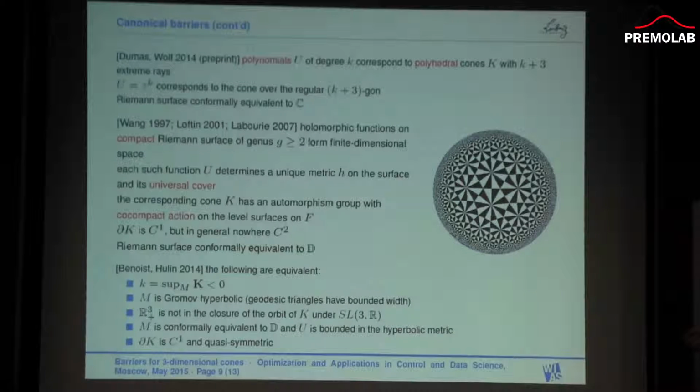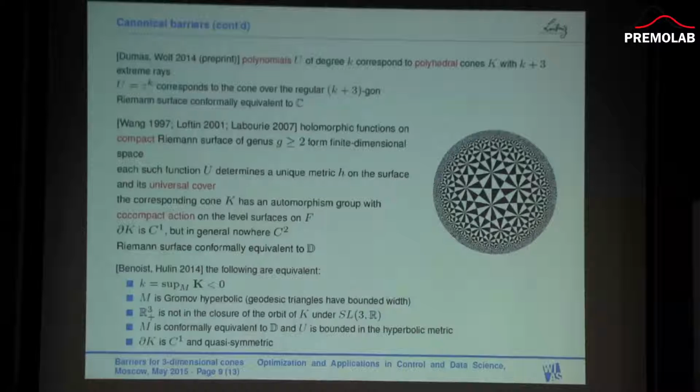If this holomorphic function is a polynomial, then the corresponding cone will be polyhedral. And the degree of the polynomial is the number of rays of the polyhedral cone minus 3. So for instance, if this holomorphic function is just a constant, then you get the simplicial cone, so the positive orthant.